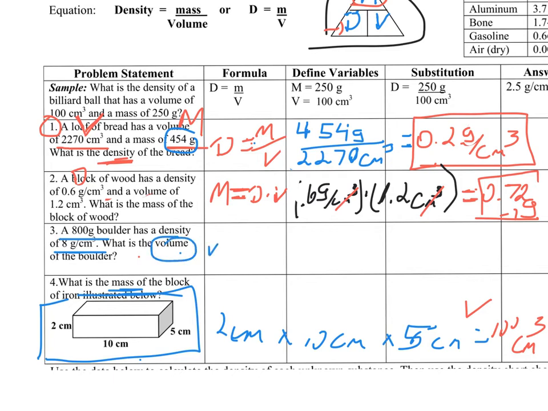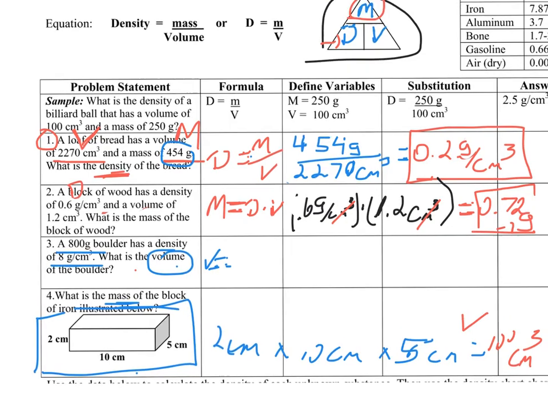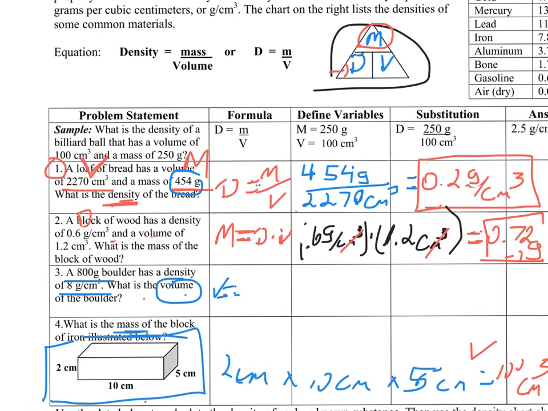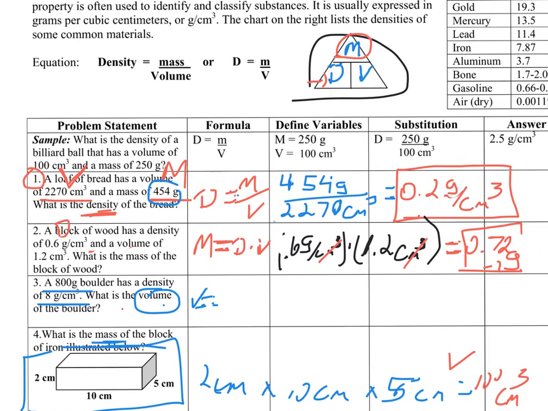This means you're going to take that V that's in your shortcut, and you're going to cover the V this time. So by covering the V, my formula is going to be mass divided by density.